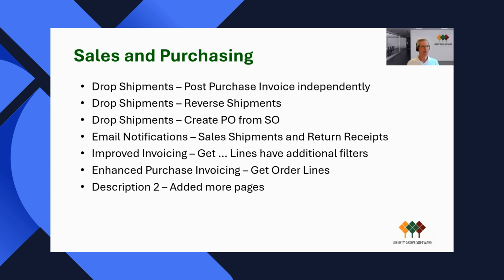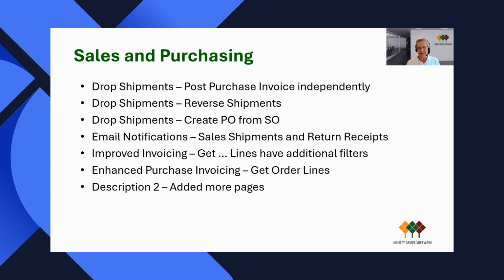In the sales and purchasing area, there are functions when you're on a sales invoice or a purchase invoice to go out and get activity. You can go out and get posted purchase receipts. You can go out and get posted shipment lines and pull those into an invoice directly.